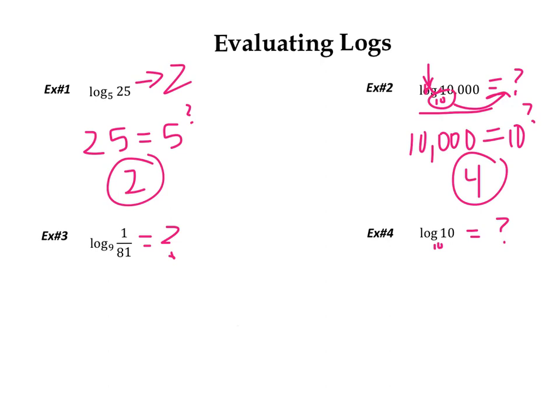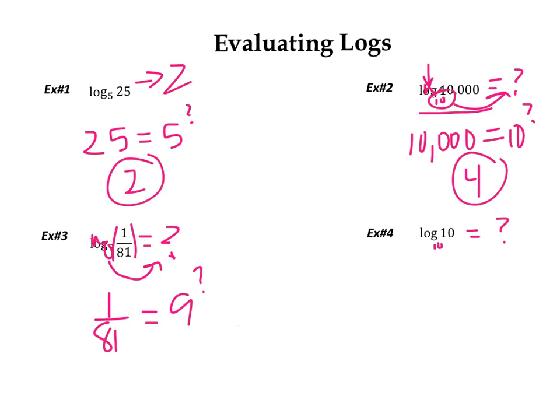Let's do an example where we're dealing with a fraction here. It's 1 over 81. Let's take this 9, move it over, the log disappears, so we have 1 over 81 equals 9 to the what power? Now, you might have to remember a few videos back when we dealt with rules of exponents, but positive exponents deal with whole numbers, right?